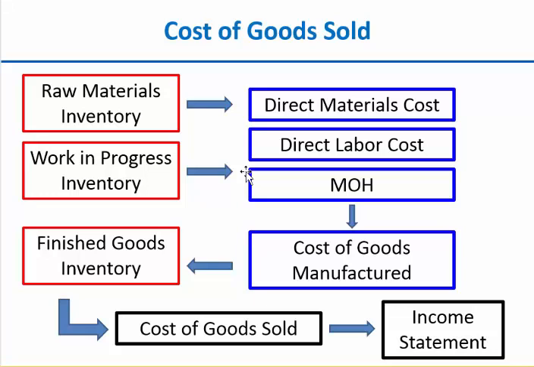Then when the sales happen, that's how you recognize the cost of these goods sold. There's a CGS, and the CGS will be put in your income statement to show you the gross profit and eventually the net income and so on.